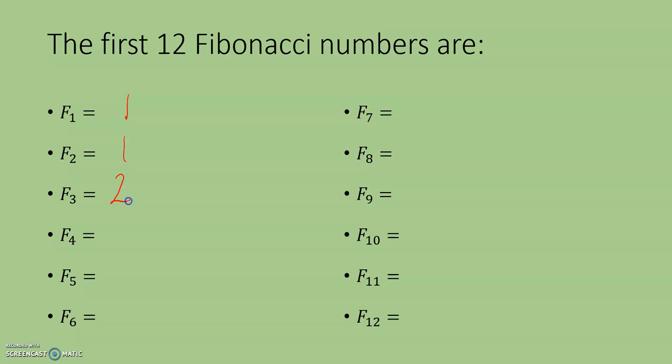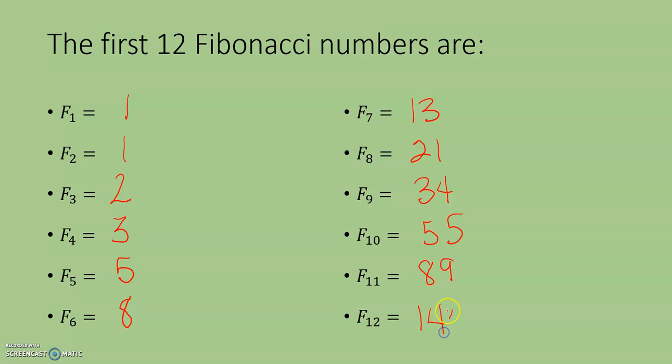Third one is 2. 2 plus 1 is 3. 3 plus 2 is 5. 5 plus 3 is 8. 8 plus 5 is 13. 13 plus 8 is 21. 21 plus 13 is 34. 34 plus 21 is 55. 55 plus 34 is 89. 89 plus 55 is 144.